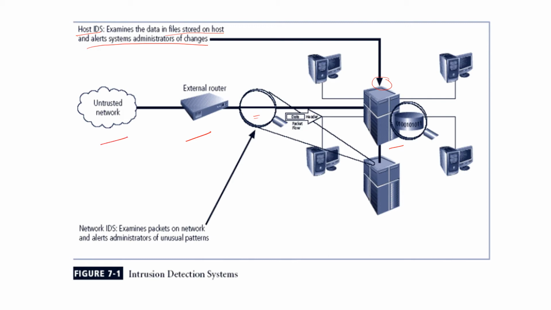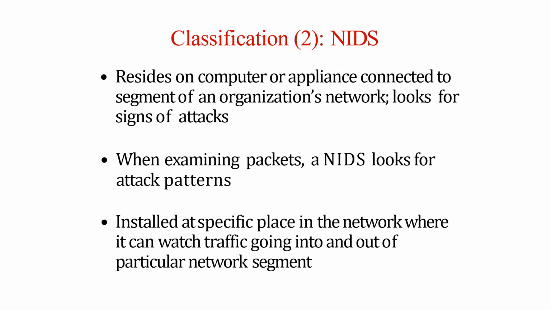Untrusted networks enter into the external router. The network IDS examines the packets on the network and alerts the administrator of unusual patterns. So this is the intrusion detection system.